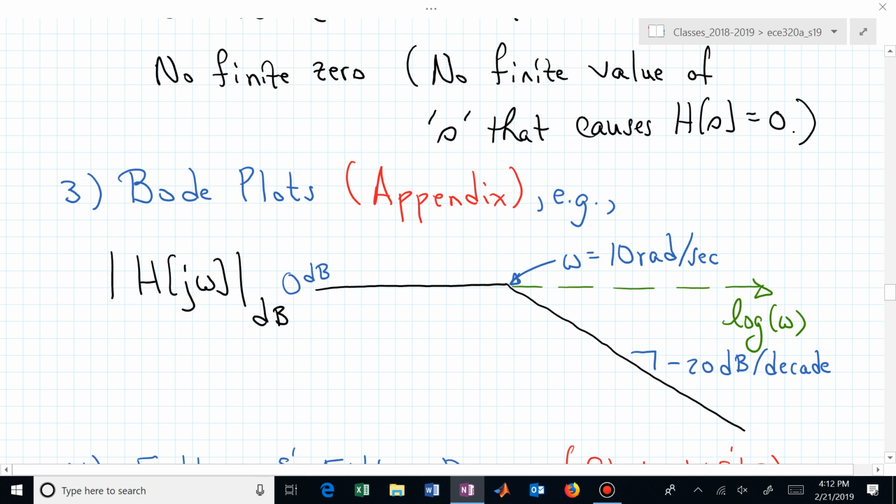This now would say, if this is my, let's say, filter, I put in a signal at a frequency of 2 radians per second, I'm going to get out the same amplitude signal as I put in, because the dB is 0 at that frequency. The gain in actual value is 1. It just allows us to add things together when we use a dB.